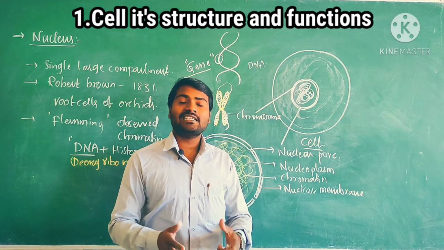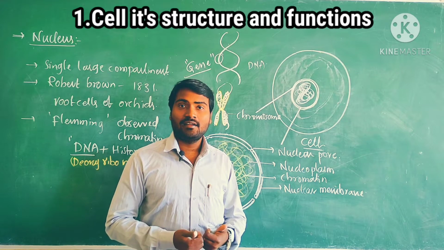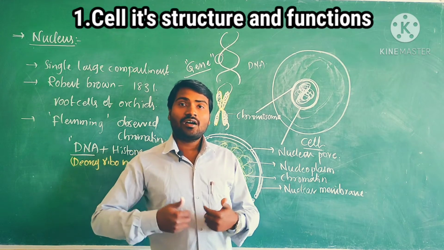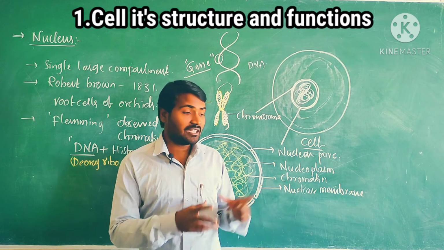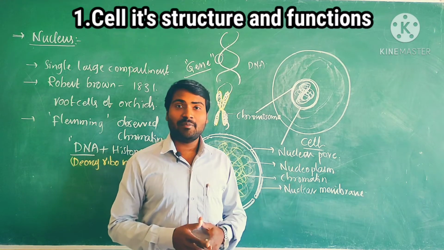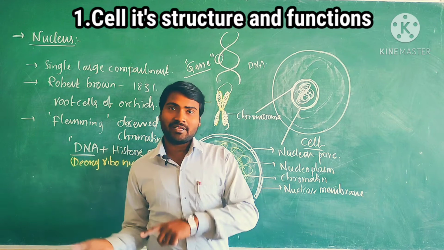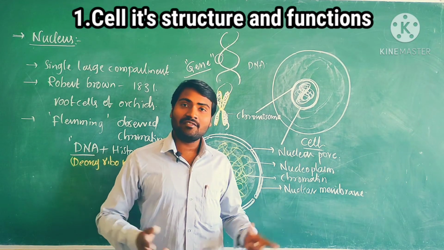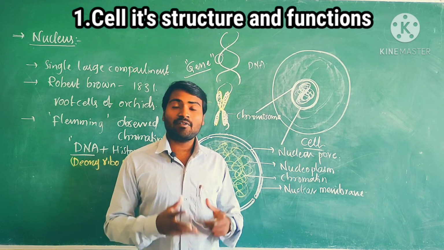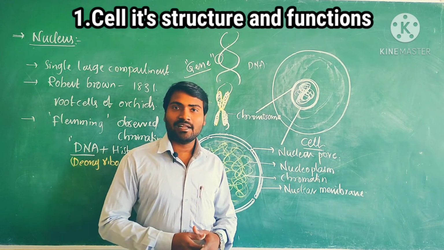This gene is responsible for our characters. We might have heard that after the delivery of a baby, we can see the characteristics of that baby. He or she is looking like the mother, or father, or grandmother, grandfather. Generally, we can see such conversation after childbirth, isn't it?